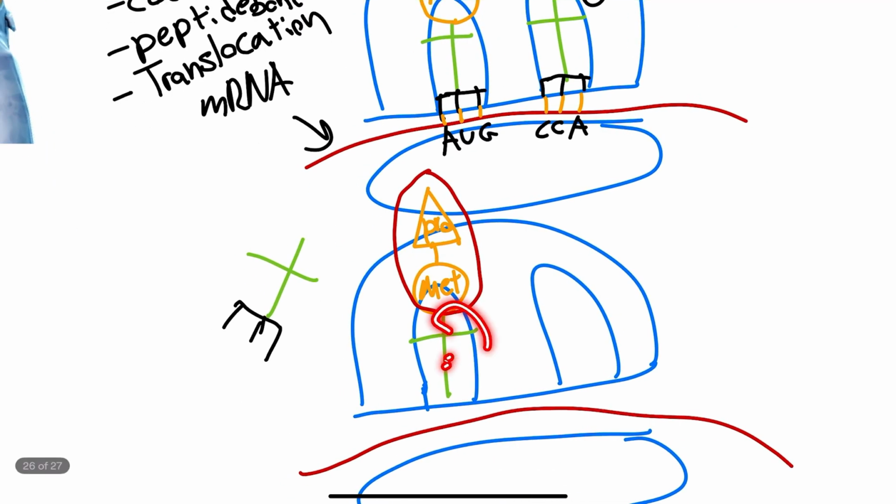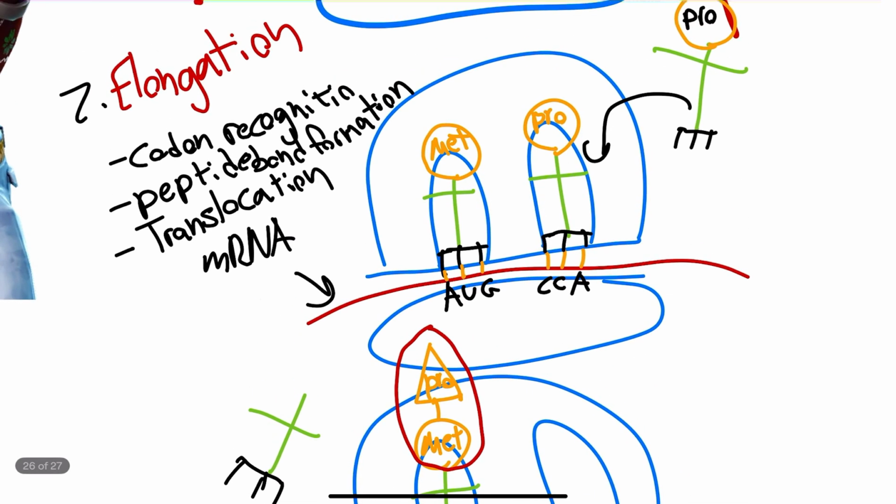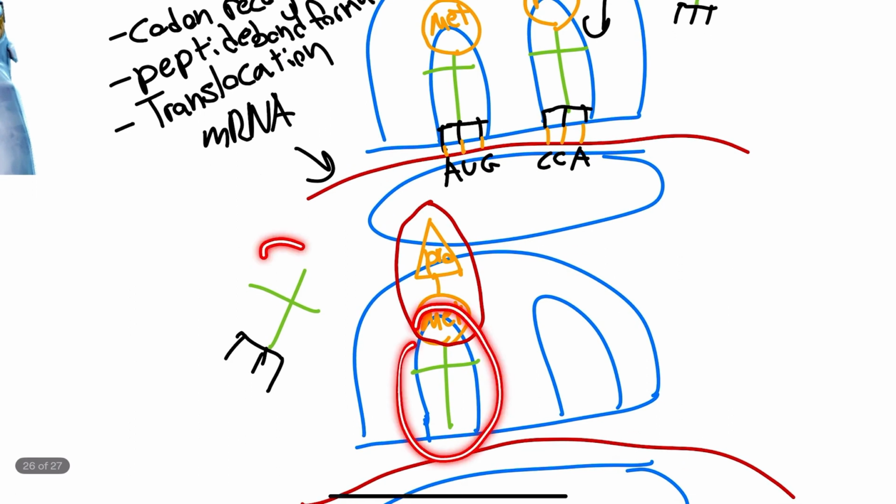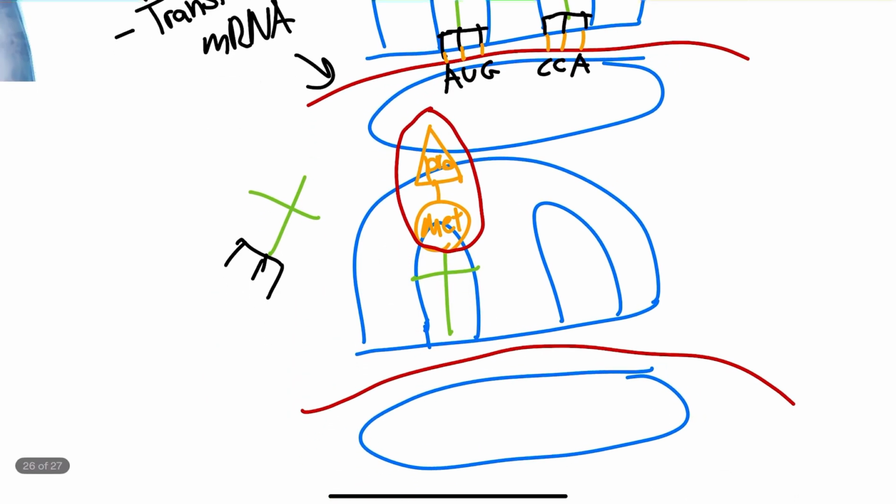When they move on over here, this guy right here leaves. So: codon recognition, peptide bond formation, translocation. So this process just repeats itself.